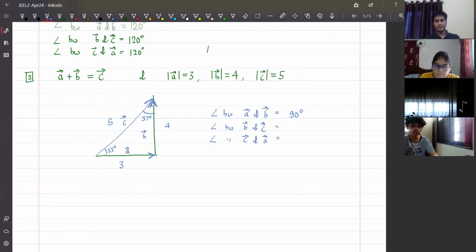So it should be 37. 37 is correct. Then the angle between C and A? 127. 127 is correct. Good.